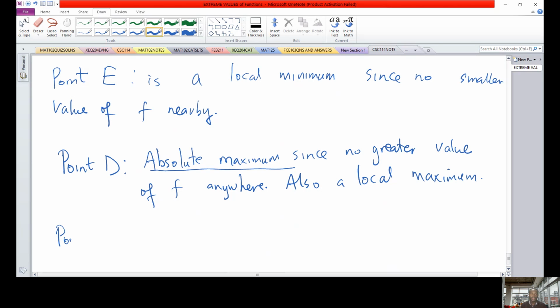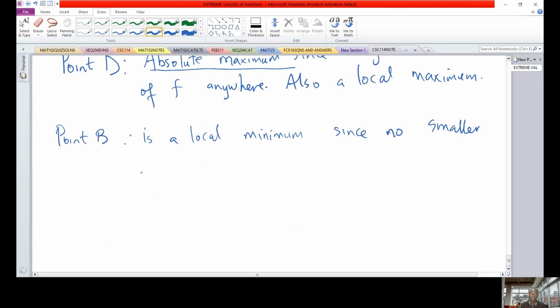And then point B is a local minimum since no smaller value of f nearby.